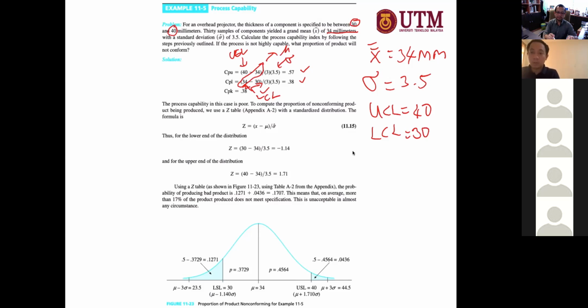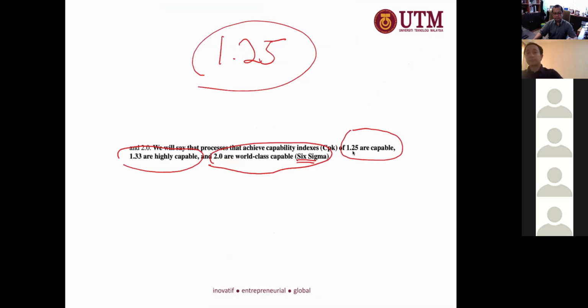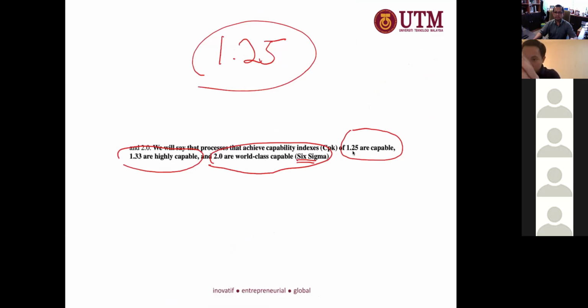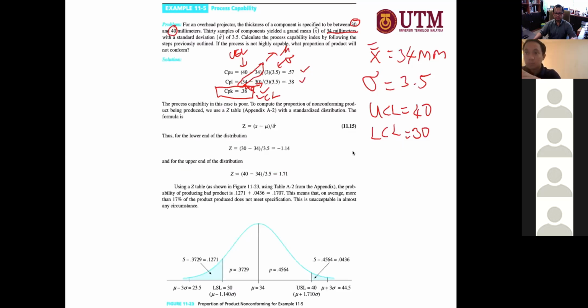The lowest one is the CPK. We want 1.5, 1.25, but we got 0.38. What does it mean? Poor, not capable.